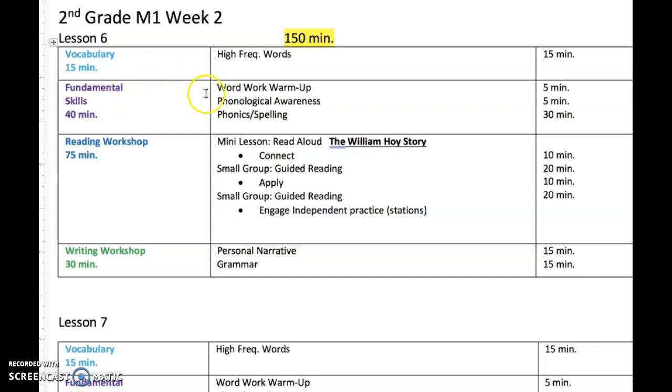Fundamental skills is really broken down into 3 parts. That would be your word work warm up. That's not here; this is your high frequency words. Here would be your word work warm up and phonological awareness, 5 minutes each on those.